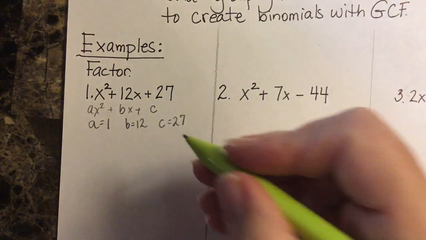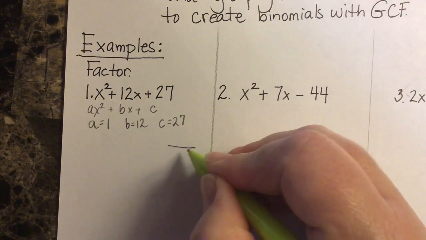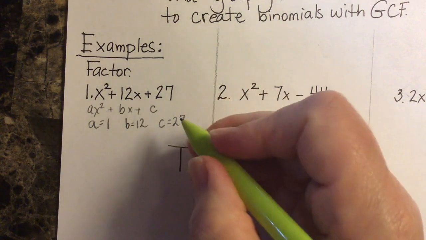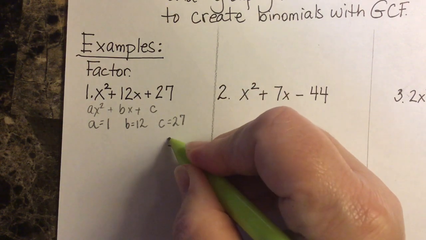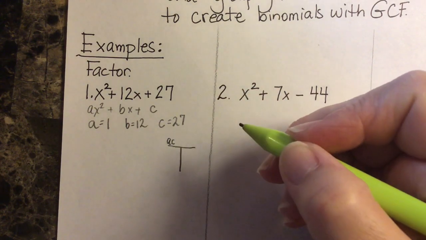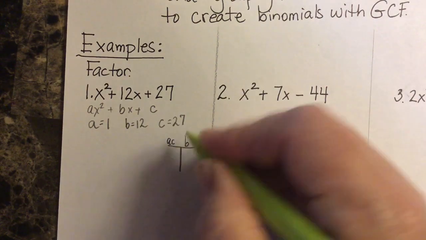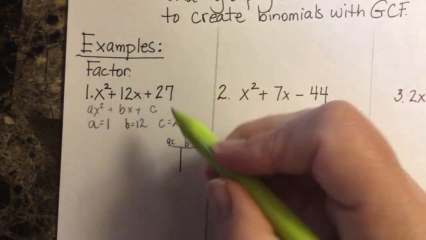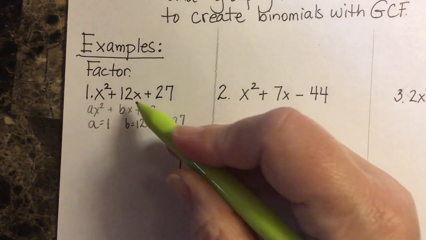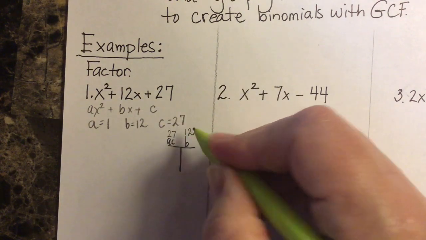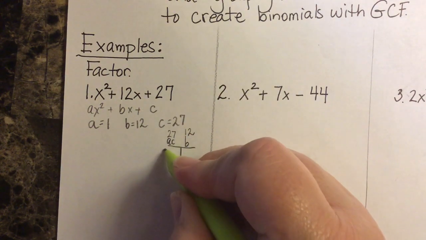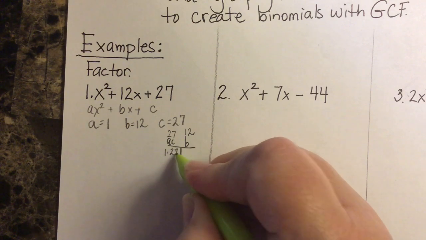So the first thing I need to do is to create my chart that finds factors of a times c that will give me a sum of b. A times c is 27, b is 12. Factors of 27, things that multiply to give me 27.